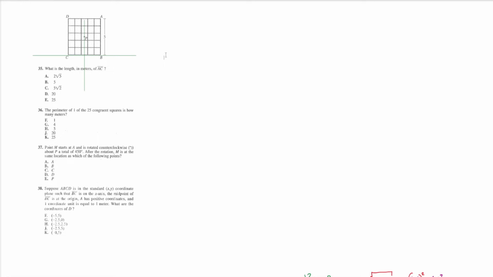Okay. A has positive coordinates. Yeah, sure. What is that number there? And one coordinate unit is equal to 1 meter. So like one of these squares, I'm assuming. So what are the coordinates of D?